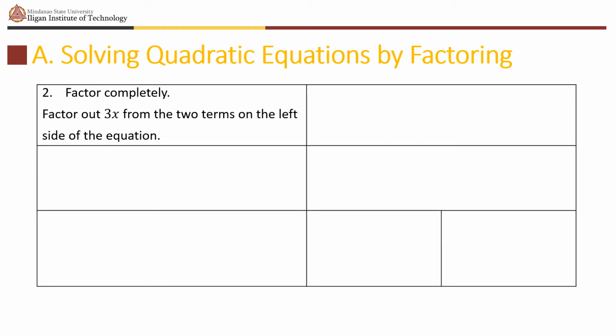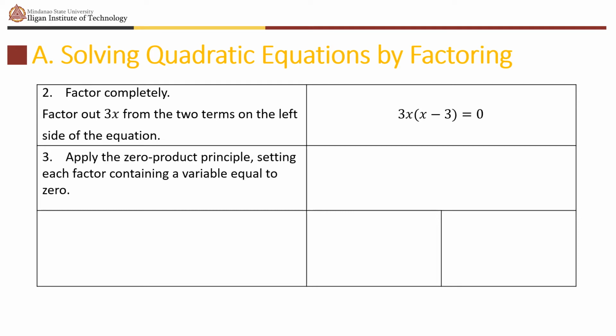Next would be to factor completely. That is, we can factor 3x from the two terms on the left side of the equation, come up with this, and apply the zero product principle, setting each factor containing a variable equal to 0. So we'll have 3x equal to 0 or x minus 3 equal to 0.